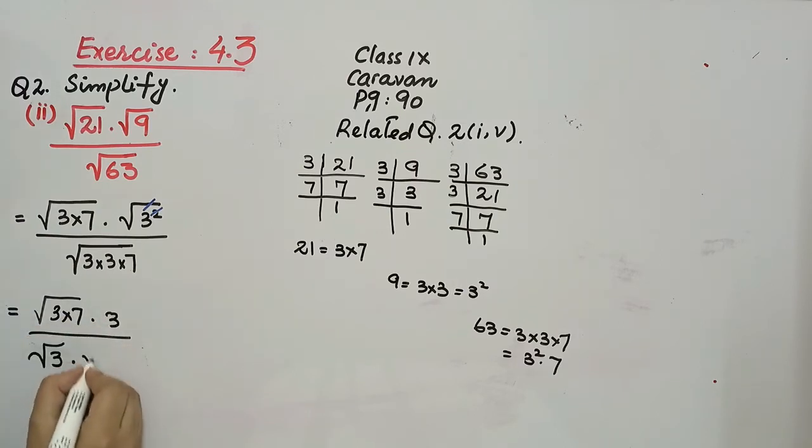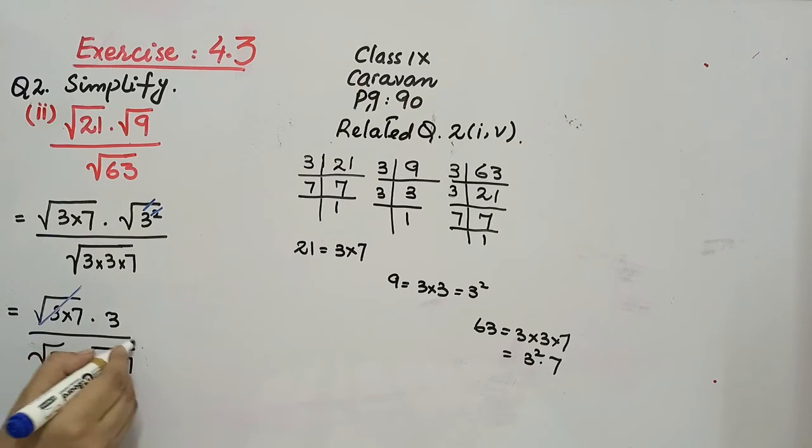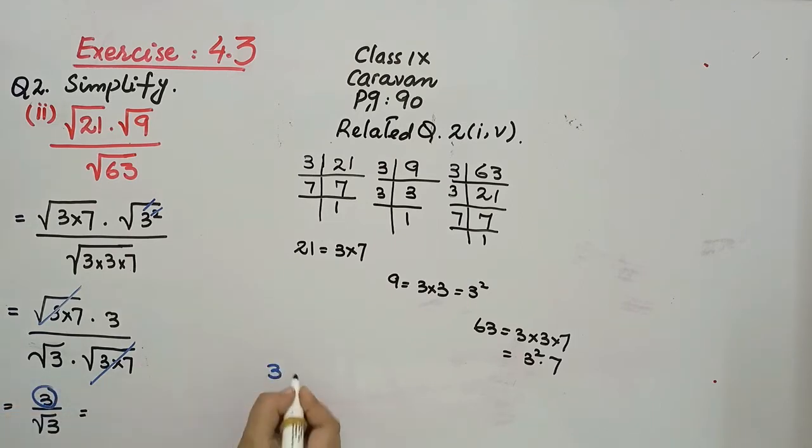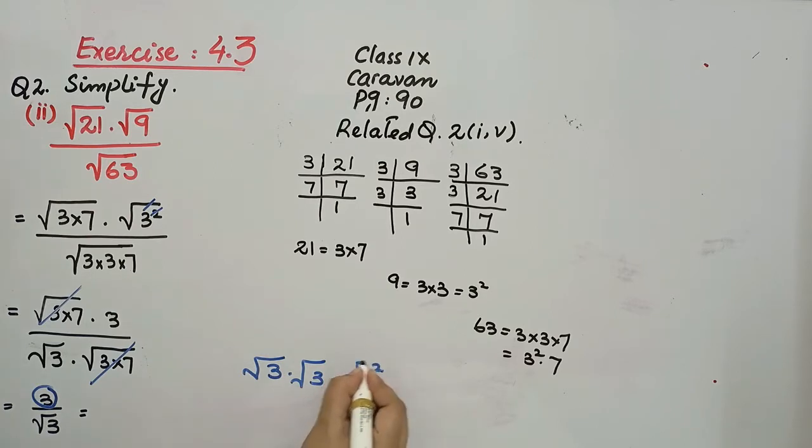I can make it separate. So these both are the same, so they are cancelled out. So it will be 3 by under root 3. So this 3 under root into 3 under root is equal to 3 square under root, and cancelled, the answer is 3.